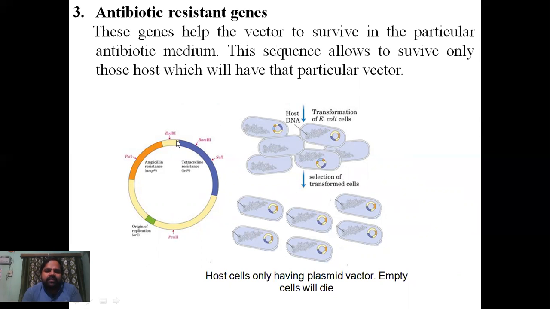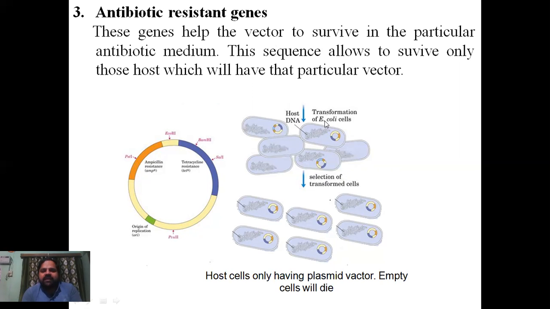Means we can see here this is the vector and this vector is having two different antibiotic resistant genes, and this vector has been introduced in this population of bacteria, and after introduction of this vector some of the bacteria, we can see here, this bacteria and this bacteria have this vector, and this bacteria and this bacteria are empty, means they don't have this vector.